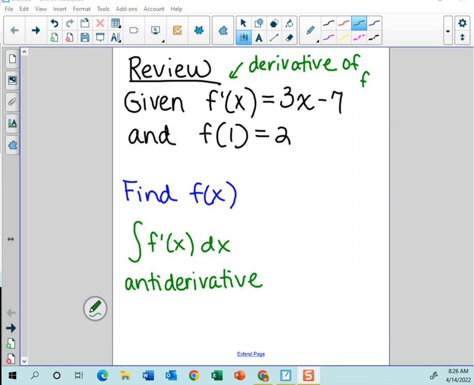Okay. All right, so just to repeat a little bit of what I said, we have f prime, or the derivative of f. Our goal is to find f, so we are going backwards. We are undoing the derivative, otherwise known as the antiderivative.